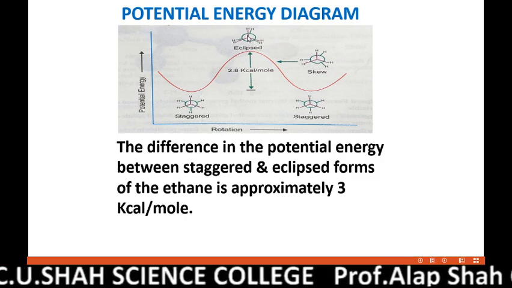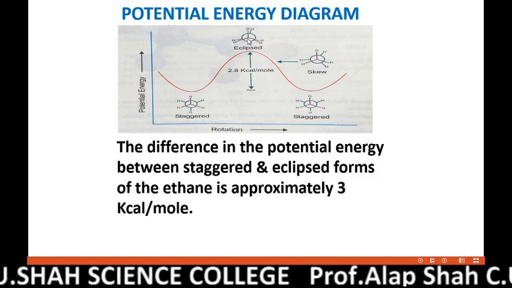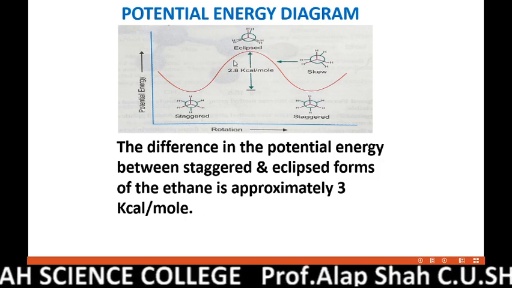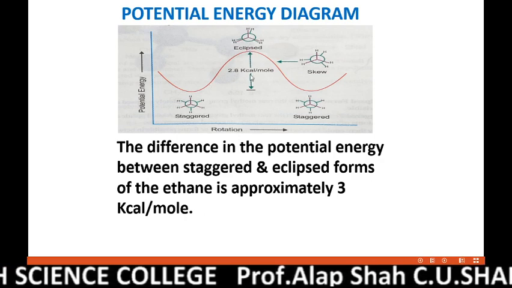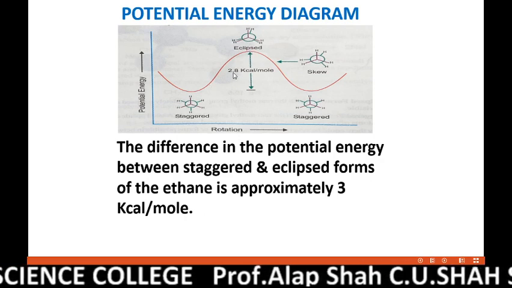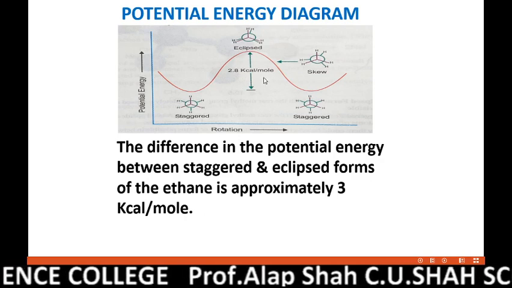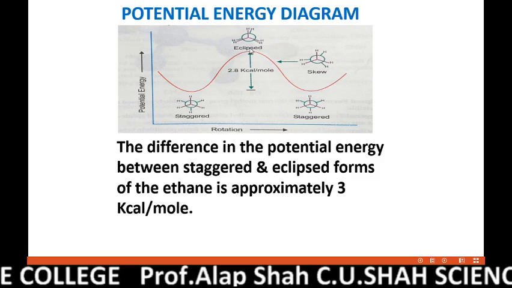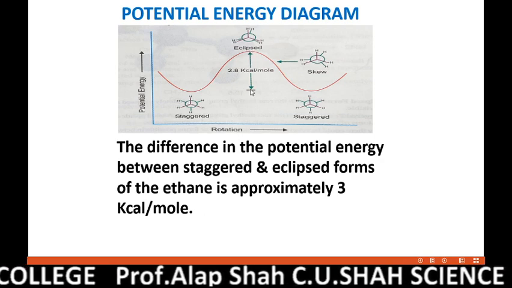As eclipse is the least stable, it is the most energetic conformer, and you can see that there is an energy difference or energy barrier of almost 3 kilocalorie per mole, precisely 2.8 kilocalorie per mole, between the eclipse and staggered conformer.